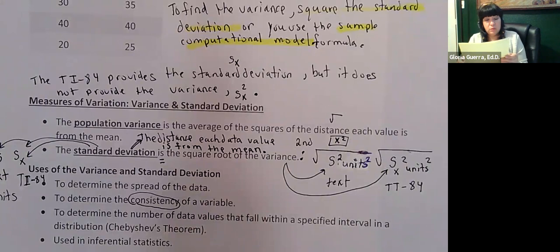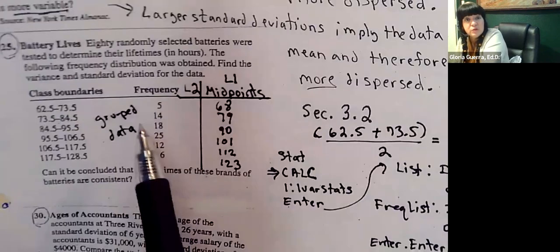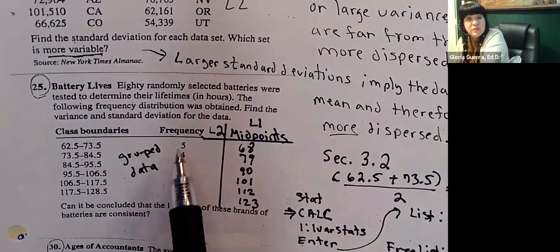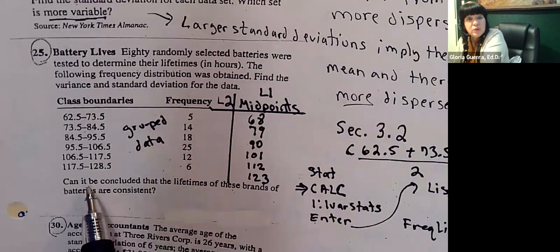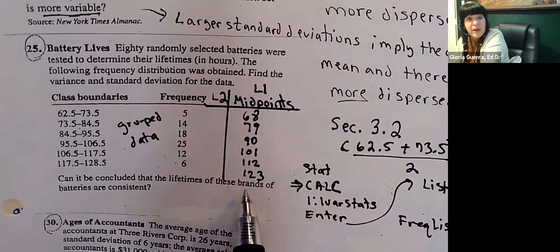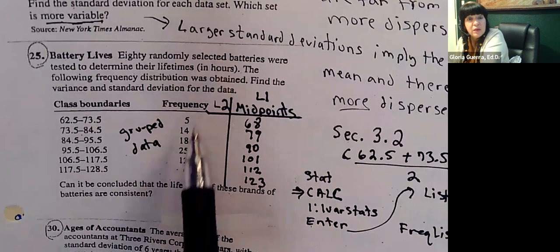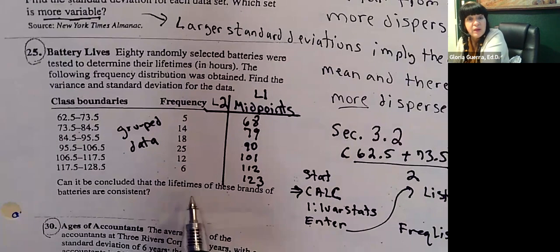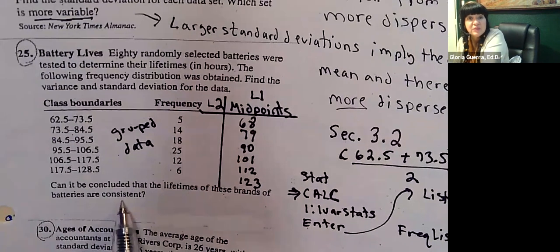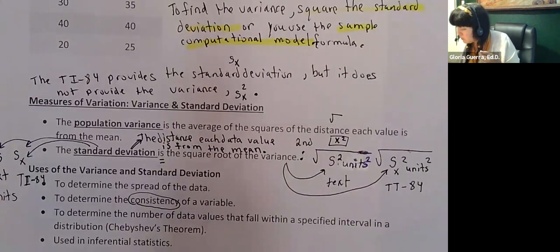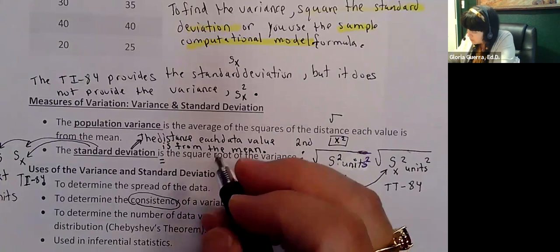Something like this: this is using variance and standard deviation for grouped data, but see this question: can it be concluded that the lifetimes of these brands of batteries, see the units here in hours, are consistent? So some of your questions will ask that after you calculate the variance and standard deviation, and what that's related to. Here's a good example of consistency that's in your book.